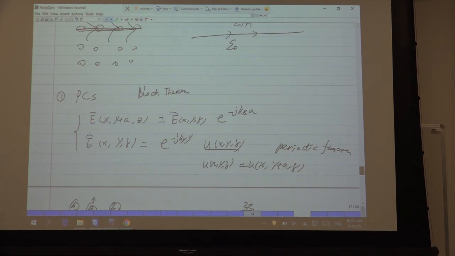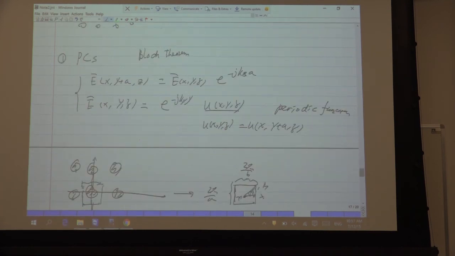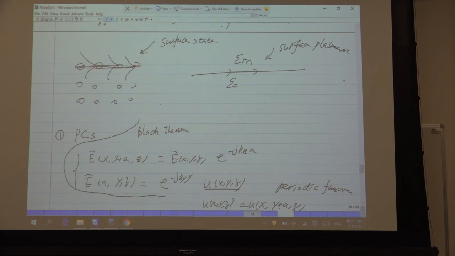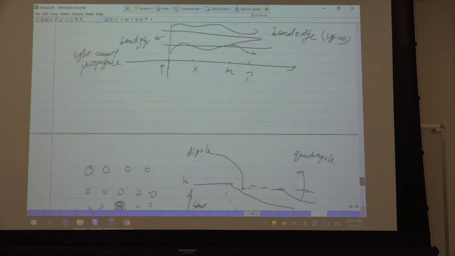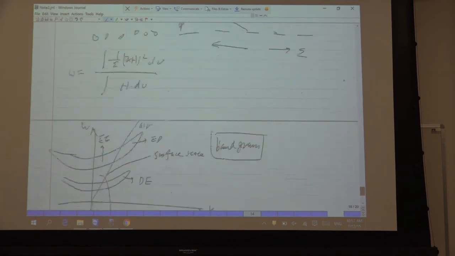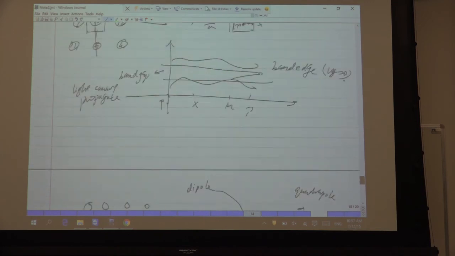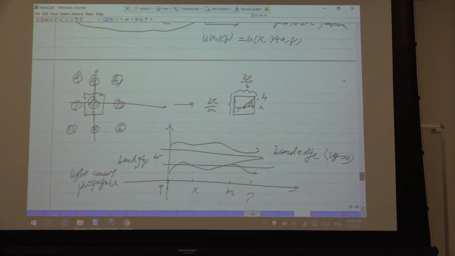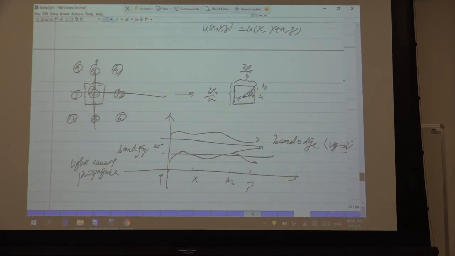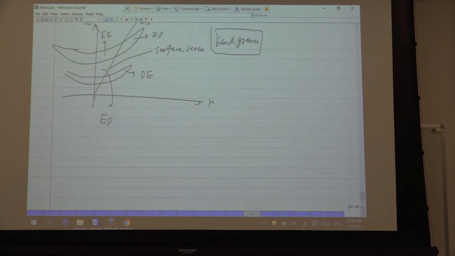You also should know the Bloch theorem. How to write the Bloch theorem? This is for the photonic crystal question. Bloch theorem, what's the physical meaning for the band diagram, DE, ED, and how to draw this band diagram, a simple band diagram. This is for question 3.